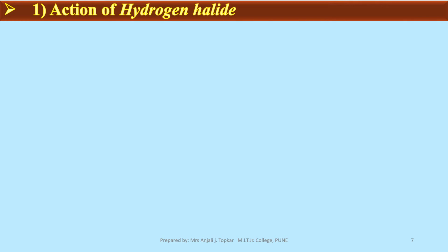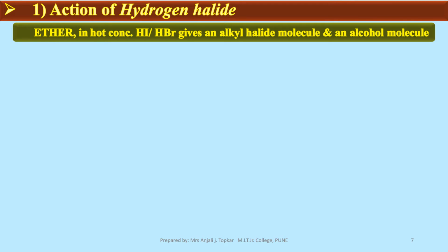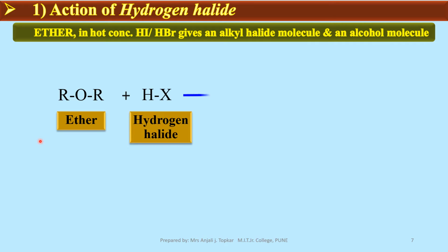Let's talk about reaction with hot and concentrated acid. Ether in hot and concentrated acid like HI or HBr gives an alkyl halide molecule and an alcohol molecule. Alkyl ethers react with hot and concentrated HI or HBr in such a way.